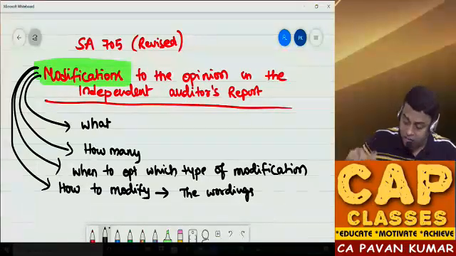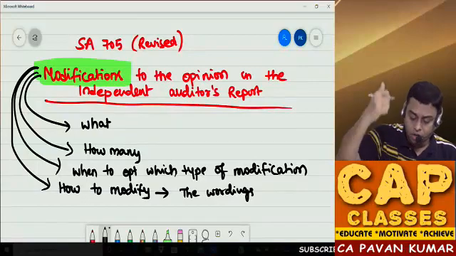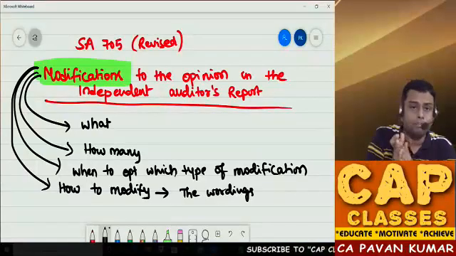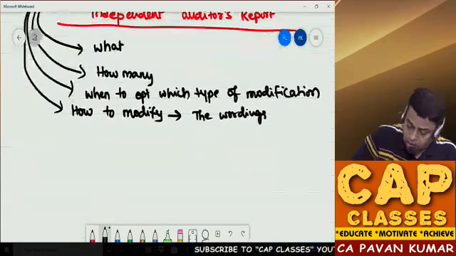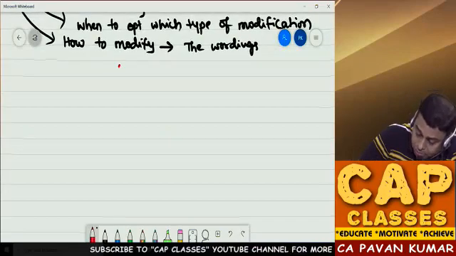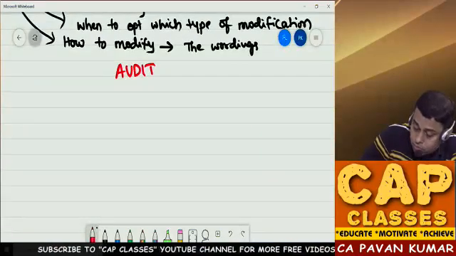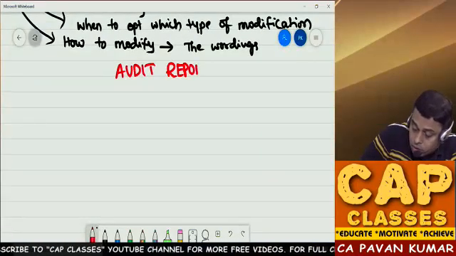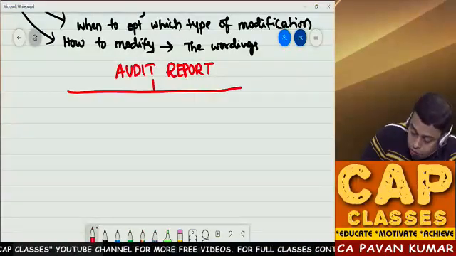Shall we look at this standard step by step? Now look here. Basically, audit reports are of two types.